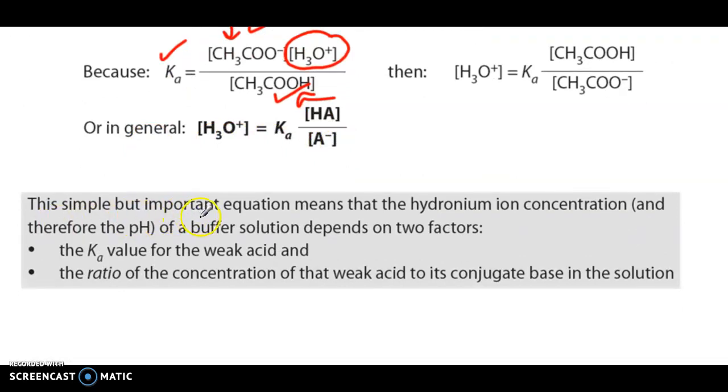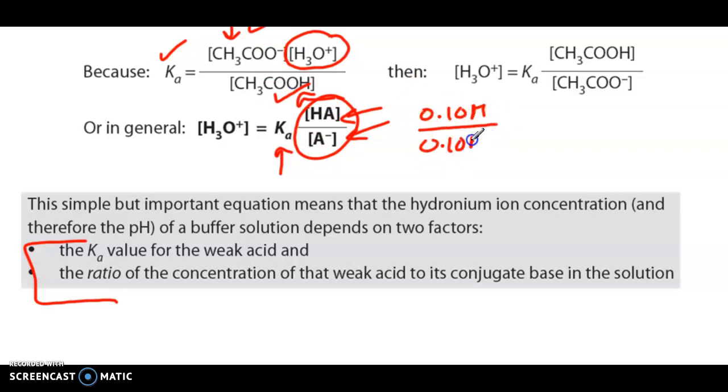So the simple but important equation means that the hydronium ion concentration of a buffer depends on two factors, of course. It's going to depend on the Ka value of the weak acid that you're using, and it depends on the concentrations of the two items that you're adding into the solution. So let's say, for example, that we had the same concentration like we had in that other example.